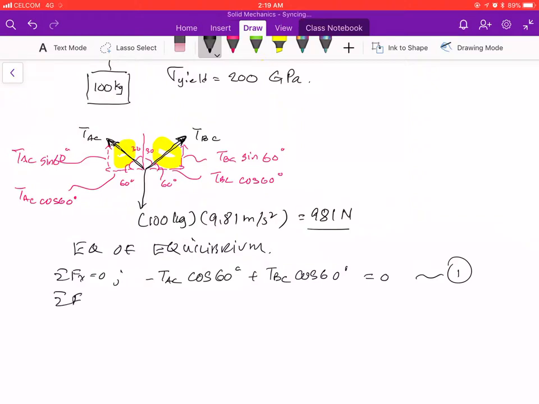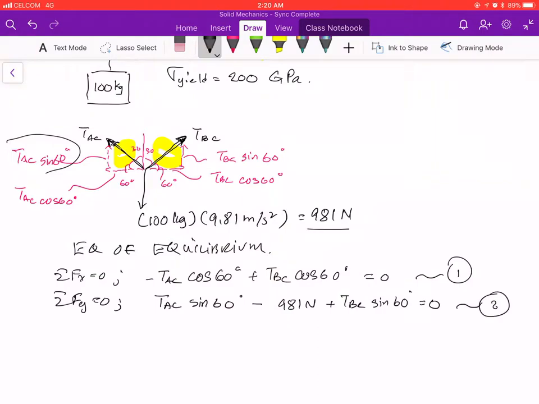If I do summation of forces in the y direction, I will have a positive TAC sine 60, that's this one here, then a minus 981 Newton going down, and a plus TBC sine of 60, and the whole thing is equal to 0.